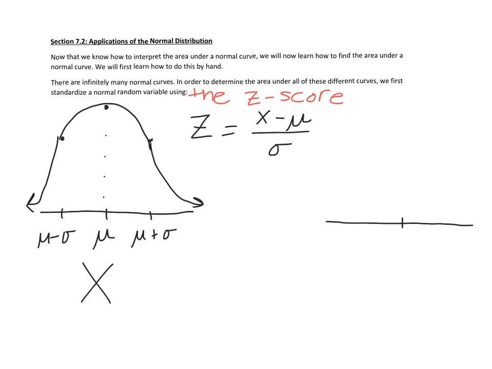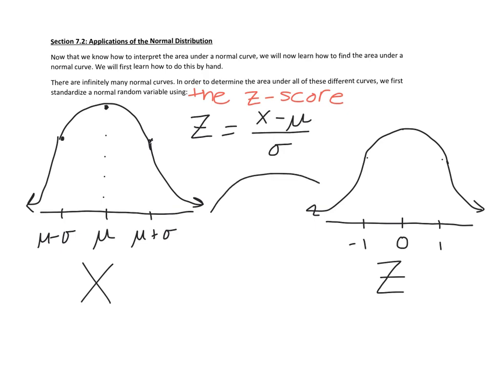And if you remember, the mean of our z-scores is 0, and the standard deviation is 1. So this is our z distribution. That's how we get from one to the other.